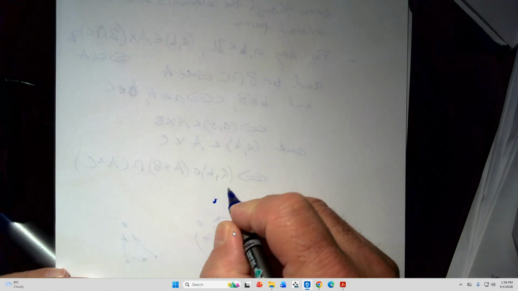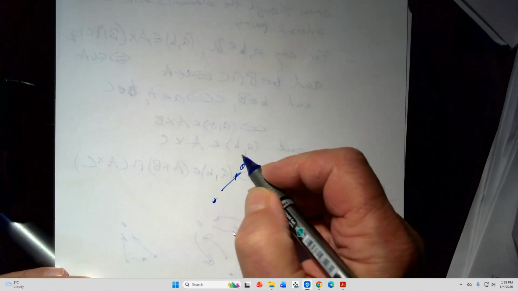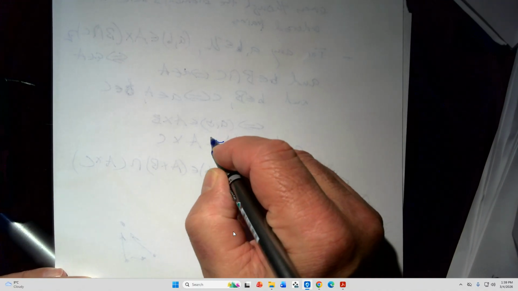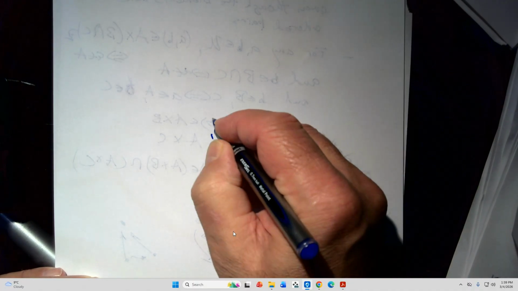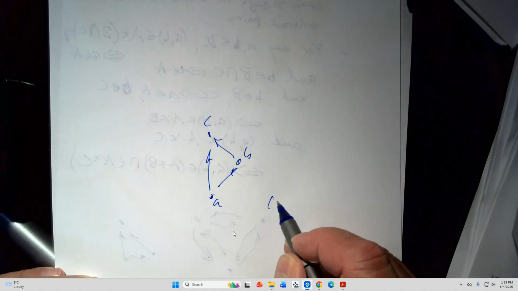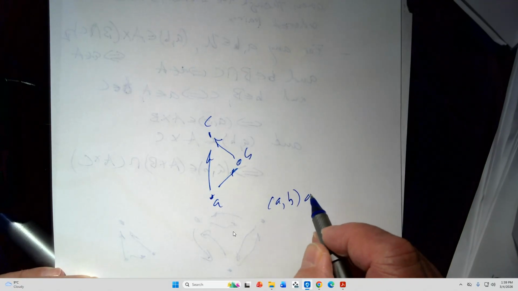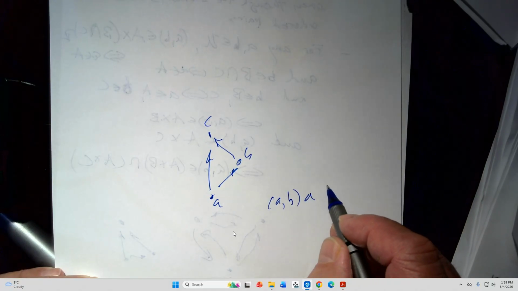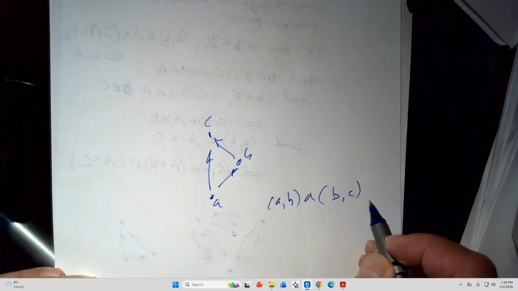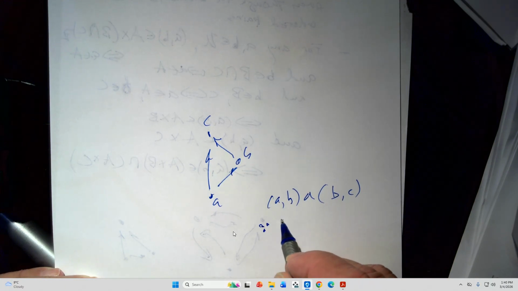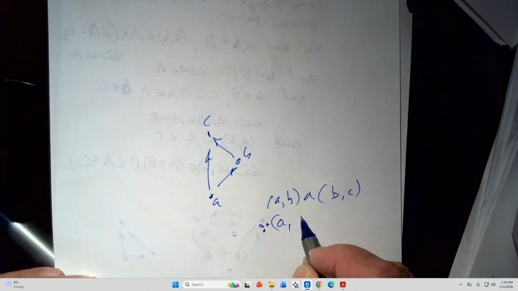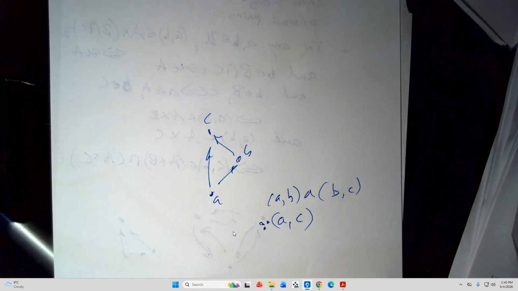If one element is related to another element and that element is related to a third, A, B, C, so if you have (A, B) and (B, C), then you have (A, C). That's the formal way of stating it.